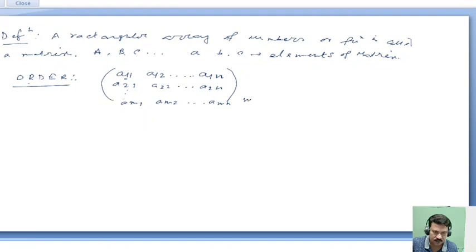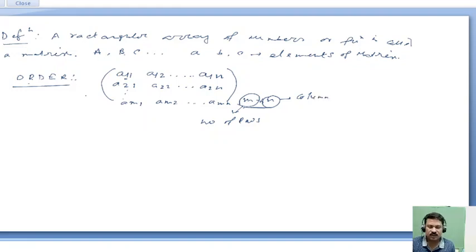So here there are m cross n elements. The number of rows is m, and the second number is for the column, up to the nth column.